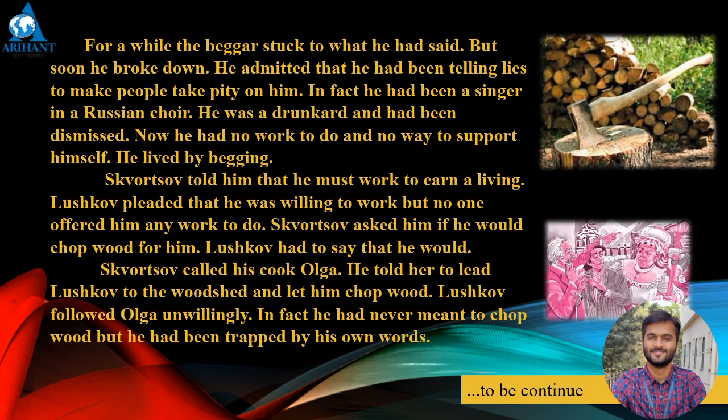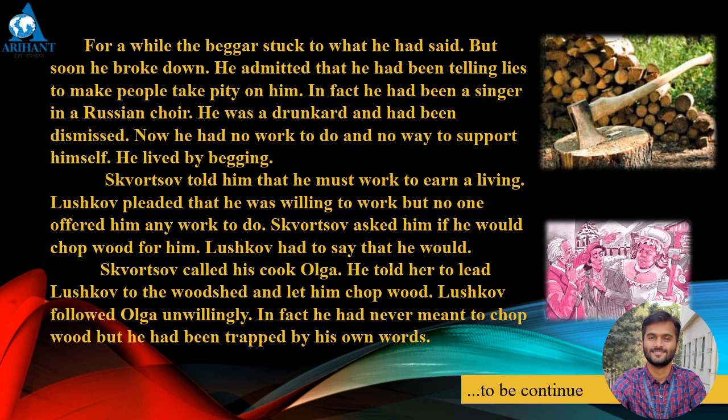Skvortsov told him that he must work to earn a living. Lushkov pleaded that he was willing to work, but no one offered him any work to do. Skvortsov asked him if he would chop wood for him. Lushkov had to say that he would.